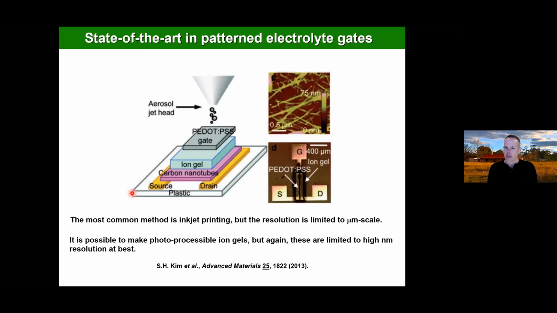In organic electronics, the real focus is on very low-cost techniques that operate well on flexible substrates, and bringing scale down to very small scales is not really a big concern there. So at the time, the patterning of these polymer electrolyte materials was limited to hundreds of microns, which is two, maybe three orders of magnitude larger than we would like in order to make these compatible with nanoscale devices.